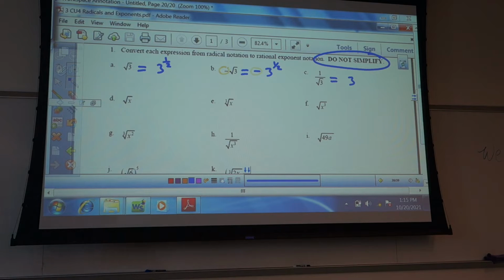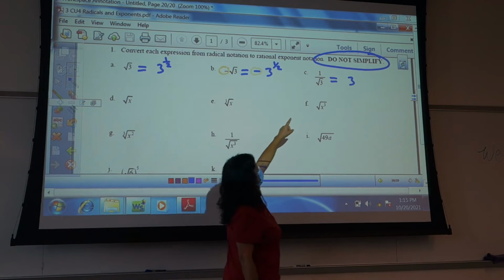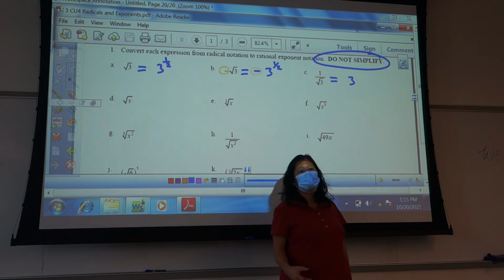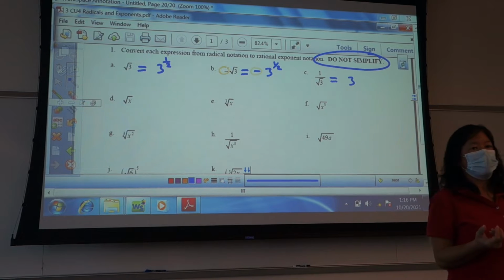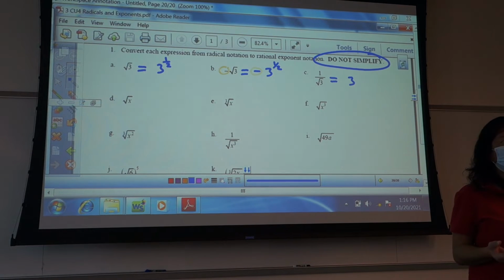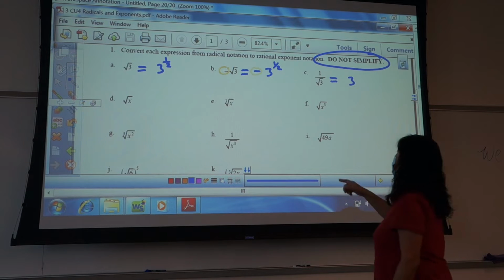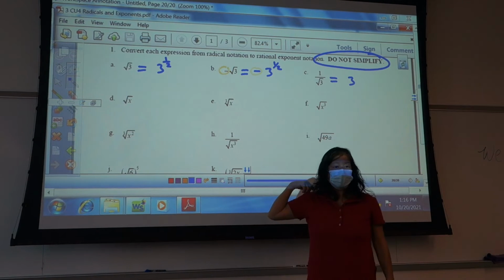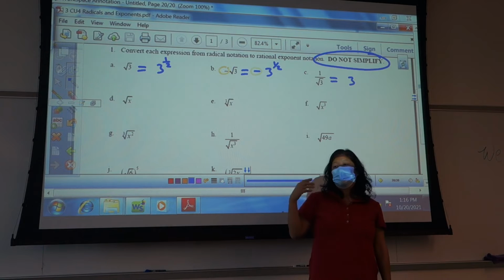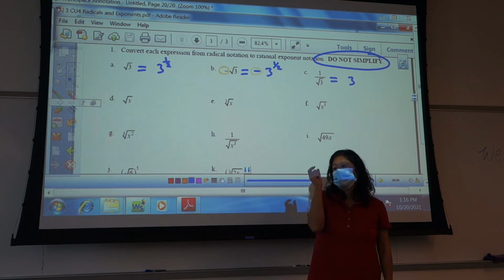Okay, so it's a square root, so it should be 3 to the what? Just the square root part of it. 3 to the what? 1/3, 1/2, 1/4, what? 1/2. But it's on the bottom. So you flip it, so the exponent is positive or negative.